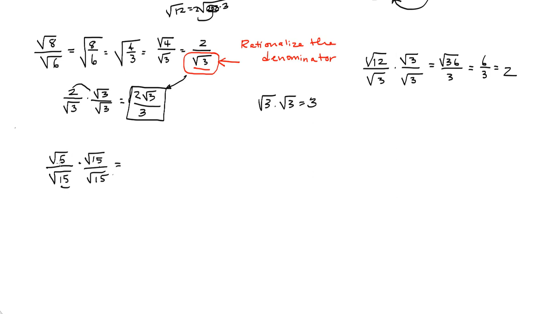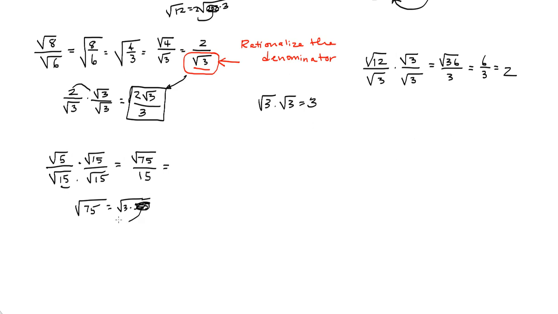Radical 5 times radical 15 is radical 75 over radical 15 times radical 15 is just plain old 15. And then make sure you simplify. Radical 75, let's simplify that. Radical 75 is 3 times 25.